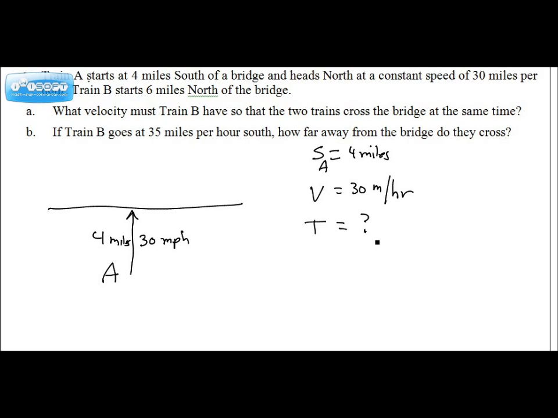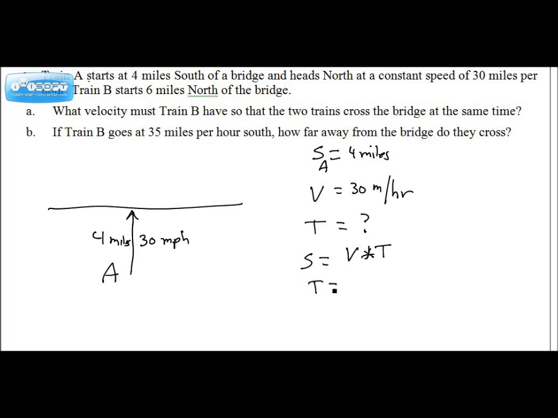We have an equation, S equals (u plus v final) over 2 times t. Basically my average velocity, which in this case is my only velocity, 30 miles an hour. So S equals V times time.